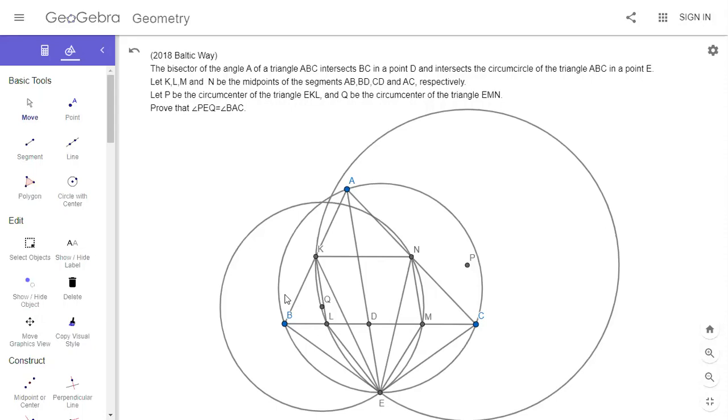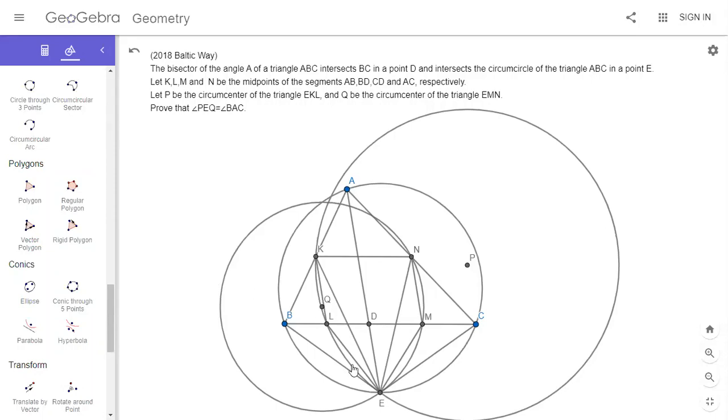Michael, wait, can you repeat the proof for the tangency? Yeah, please. So you can show that triangle BDE is similar to BAE through an angle chase.